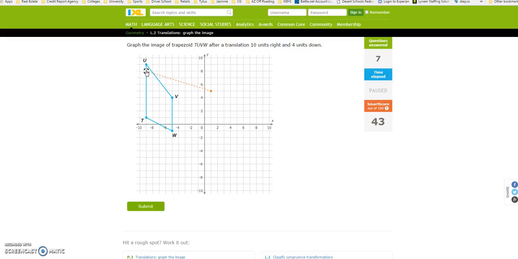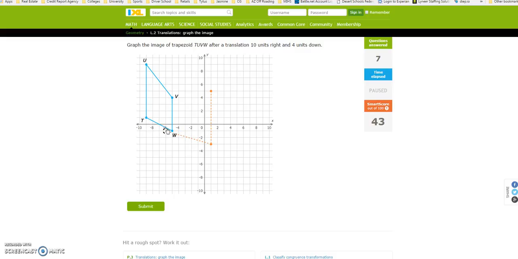So between U and T, there's 1, 2, 3, 4, 5, 6, 7, 8. 8 spaces. So since this is our new U, we're going to count 1, 2, 3, 4, 5, 6, 7, 8. There we go. 8 spaces.